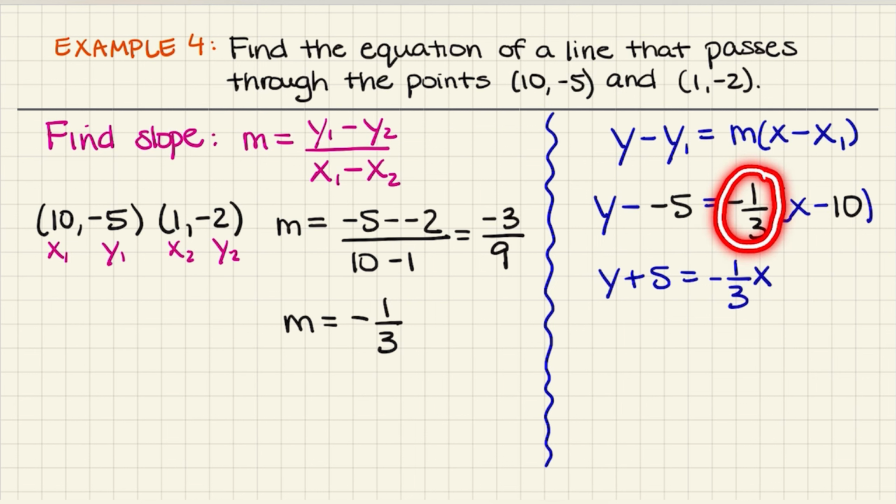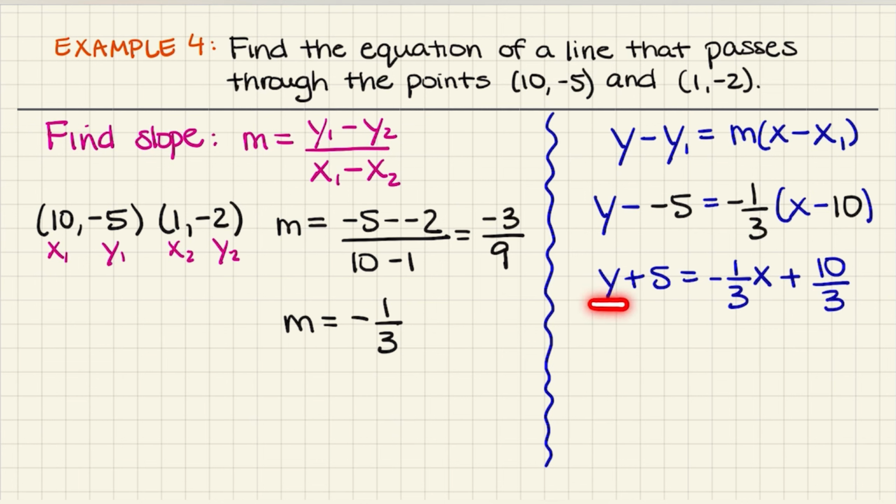Negative 1/3 times negative 10. A negative times a negative is a positive, so plus. And if we multiply straight across, 1 times 10 is 10 over 3.